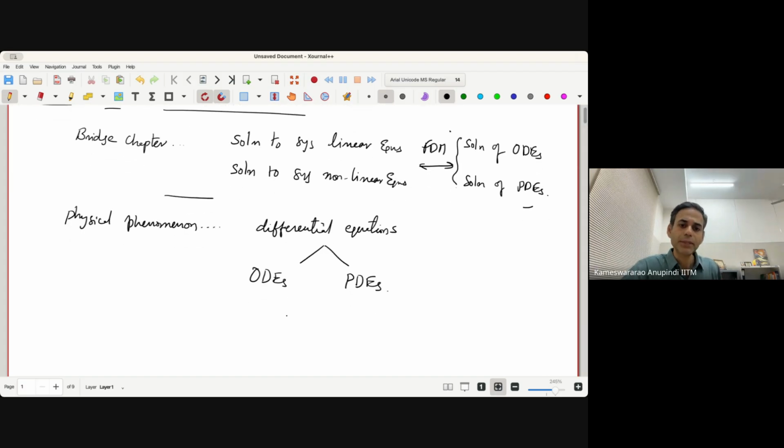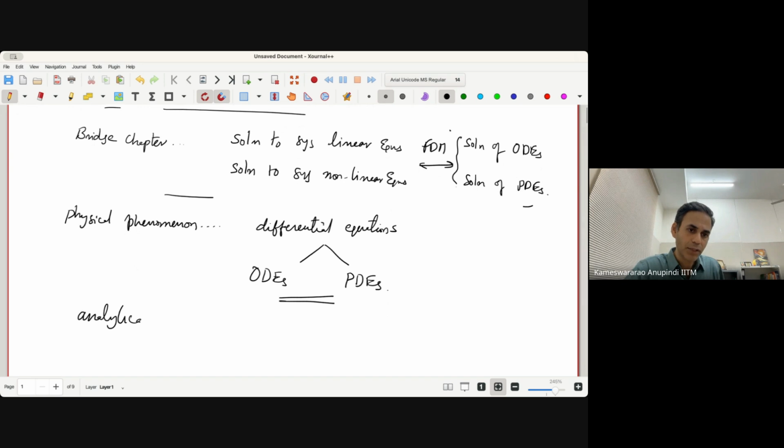But then we cannot solve these ODEs and PDEs. ODEs to some extent we can solve, but the PDEs we cannot solve analytically, right? Or even ODEs, it is very difficult to solve for several problems.